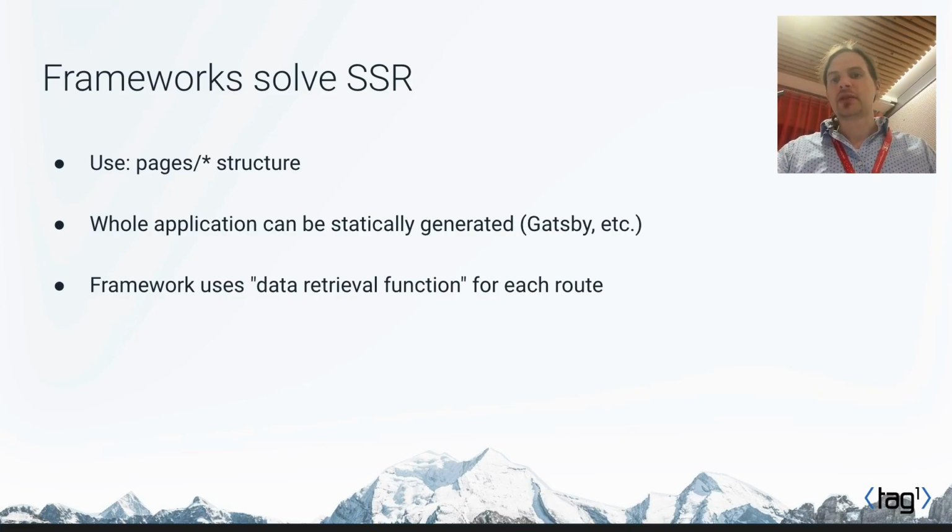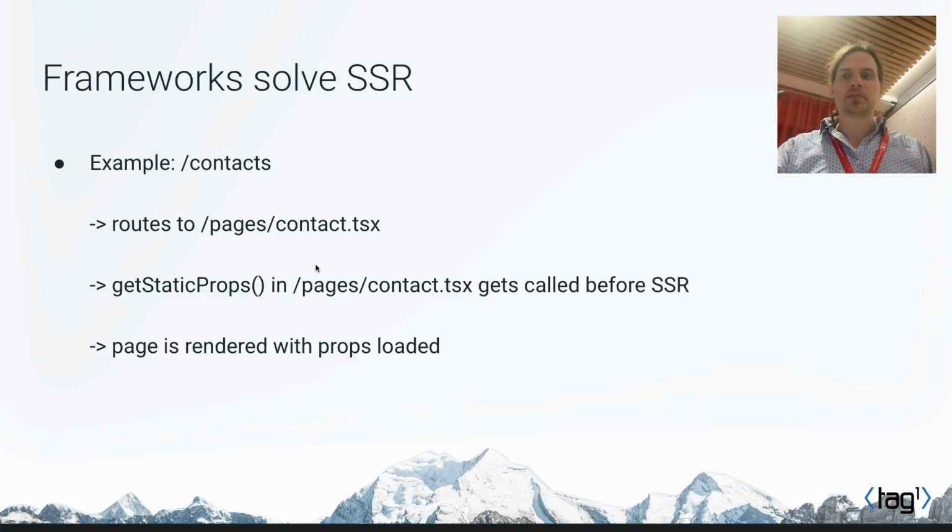Frameworks solve server-side rendering in the following way. They use a pages/ structure, so essentially the routing is pretty explicit. You can know exactly which pages this application contains, which is great for static generation of that application. And you also have a special property because you have a data retrieval function for each route.